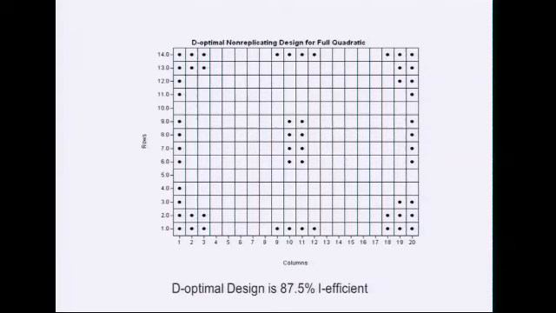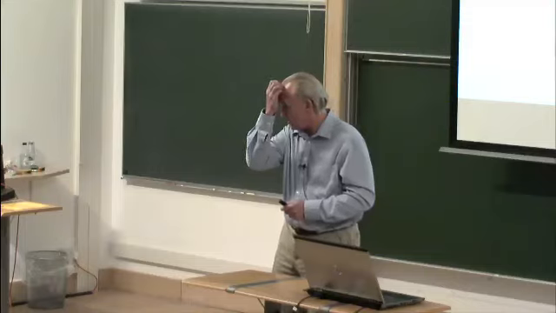So the D-optimal design for two variables and a full quadratic model on the square would put 8 points at all the corners and I believe 5 points on the edge, the centers of the edges.